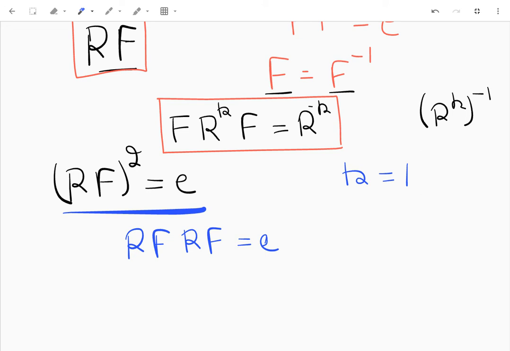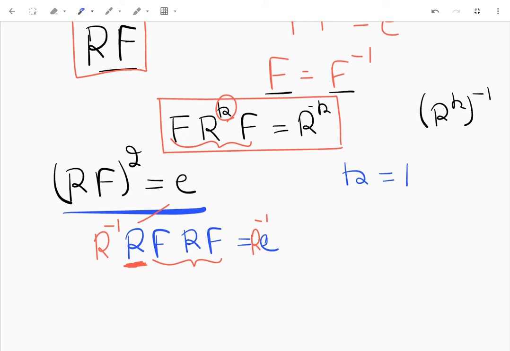Now what I should do is left multiply by R inverse. And why did I do so? If k is 1, I would need FRF, right? And if somehow I'm able to eliminate this R, then I'll be left with FRF. That is why I multiplied by R inverse.